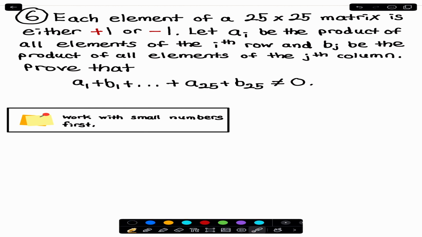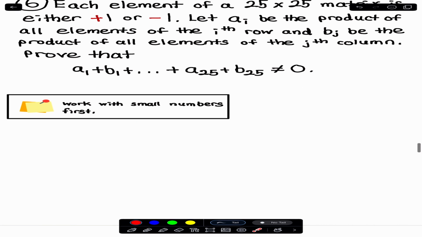Okay, so this seems like a pretty intimidating problem, right? Because of this large number, 25 by 25. That's 625 squares, so that's going to get pretty crazy. So that's why I've given us a small handy note here to work with small numbers first. That's exactly what we're going to do.